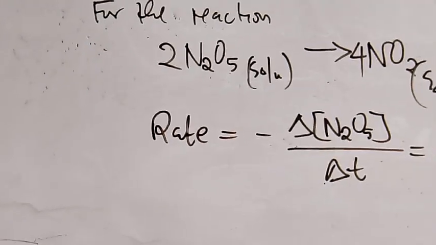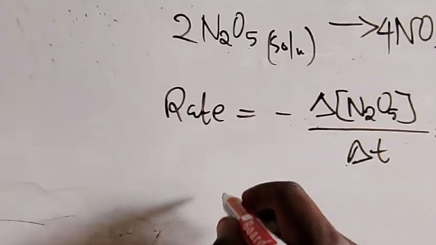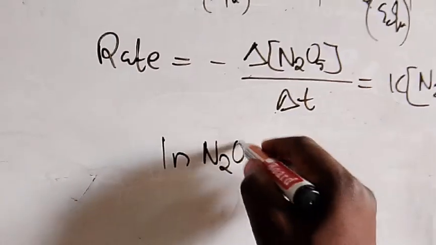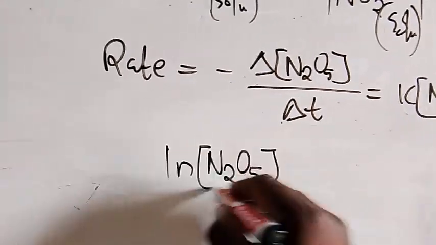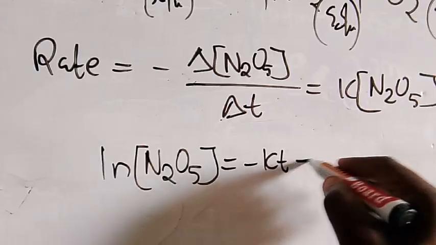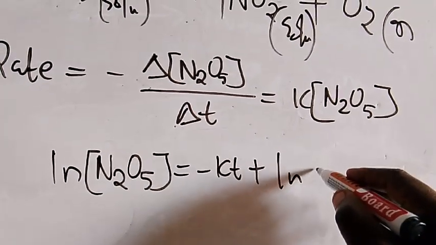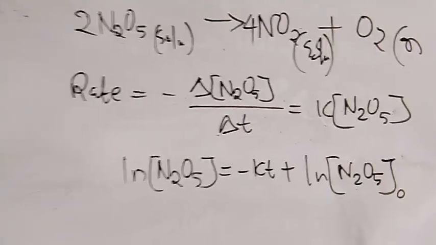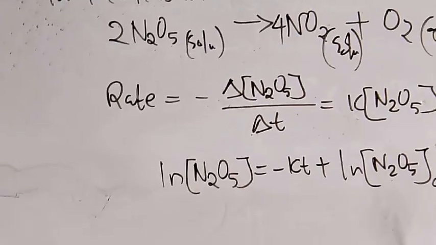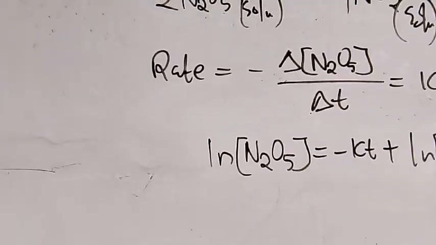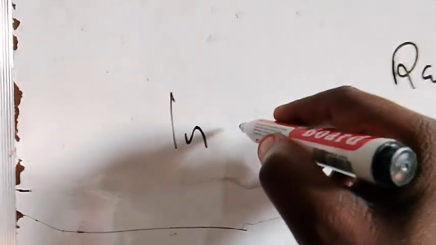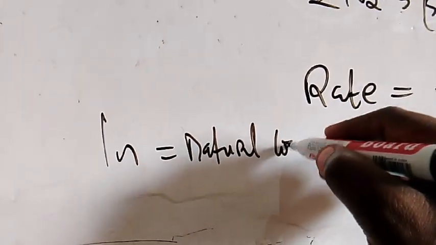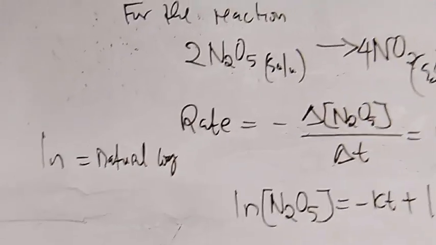The integrated rate law for this reaction would be ln N2O5 is equal to negative kt plus ln N2O5 initial, where ln is the natural logarithm.